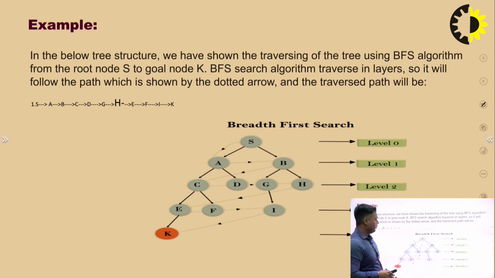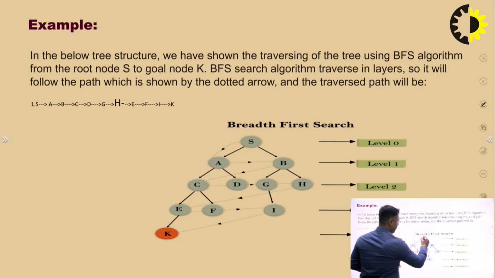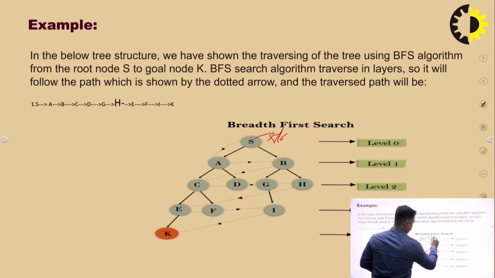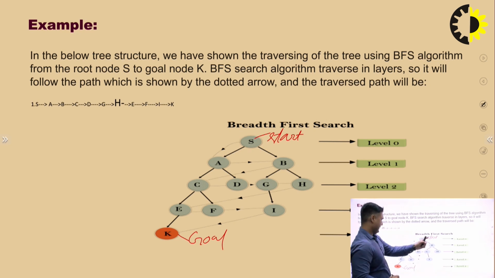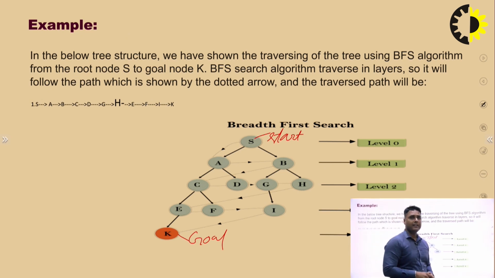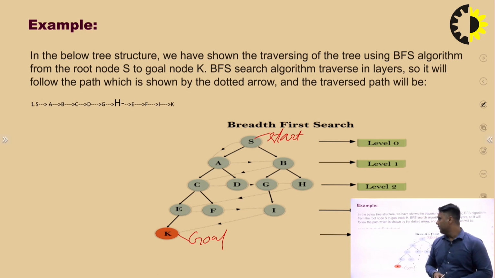S is my start node, the start point, and K is the goal point. Then how to reach the goal point from the start point? There is no information regarding states, so this type of searching is blind searching and brute force searching.